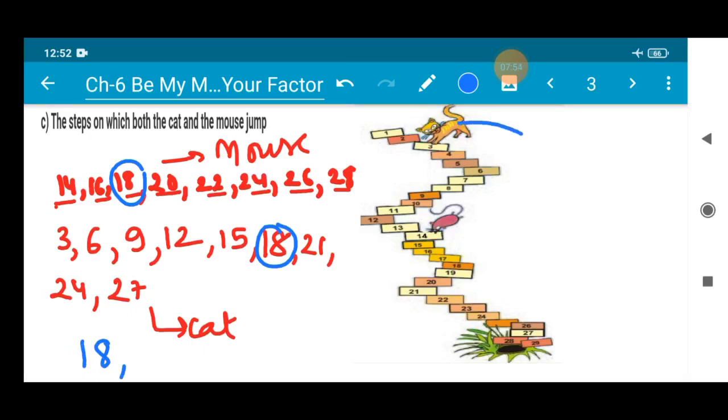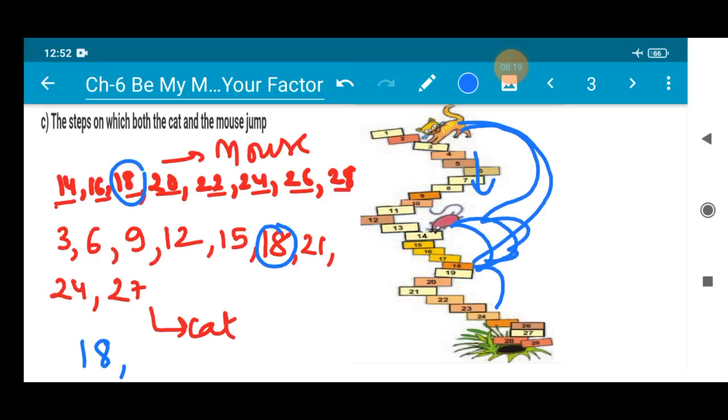The mouse will be at position 18 sometime, and the cat can also be at 18 sometime. It's not that they meet at one time, because the mouse is very far ahead. The mouse will touch 18 and then run on, and after that the cat will come and touch step 18.